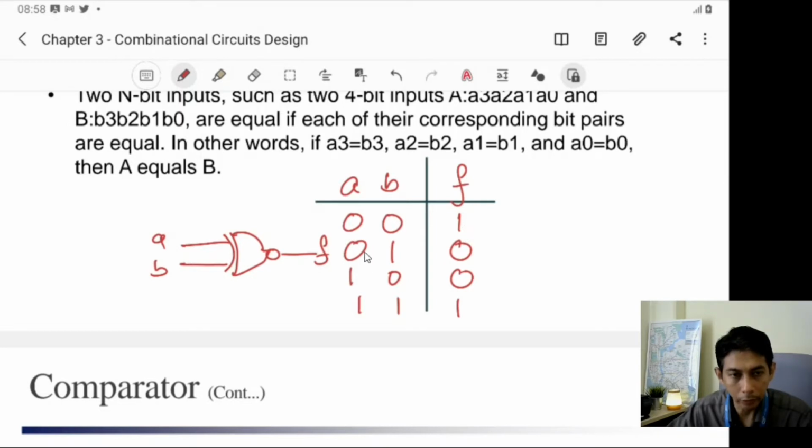If not equal, for example 0 1 or 1 0, F equals 0. And when the numbers are equal, 1 and 1, we have F equal to 1. This means the XNOR gate can be used to build the equality comparator, to check whether the inputs are equal or not equal.